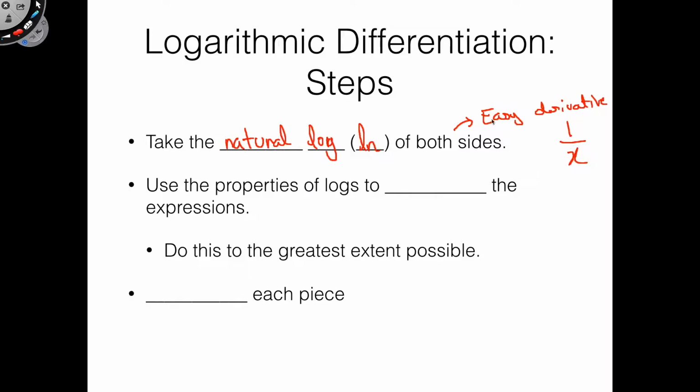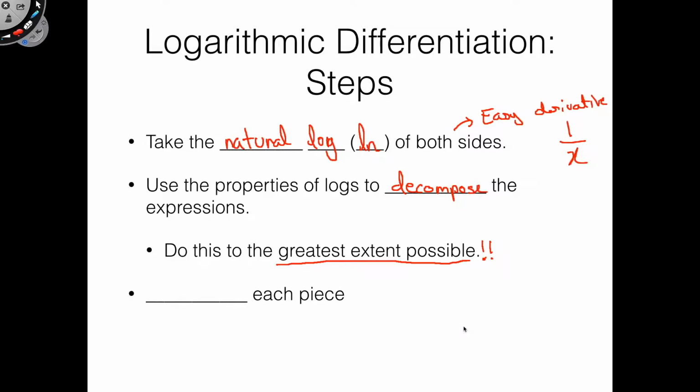So once you've taken the ln of both sides, use the properties of logs to decompose the expressions. Do this to the greatest extent possible. This is pretty important. Many times you'll be able to use multiple properties of logs on any one expression. Do it as much as you can, because this is going to make your life a lot easier when you take the derivative.